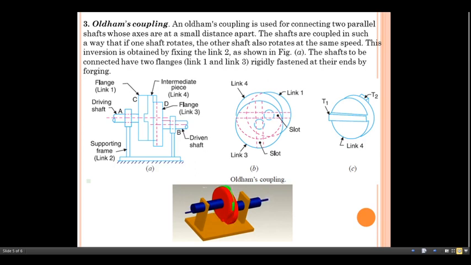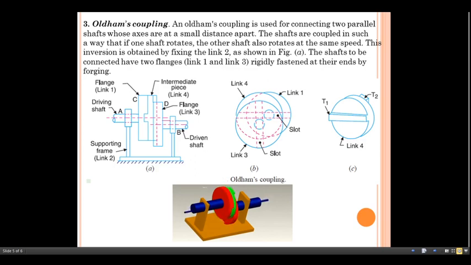Due to the rotation of the intermediate piece, flange number 3, or link number 3, connected with the driven shaft also rotates by the same angle. Hence, here is link number 2, here is link number 4, and here is link number 1. Link number 1, link number 4, and link number 3 have the same angular velocity at any instant.